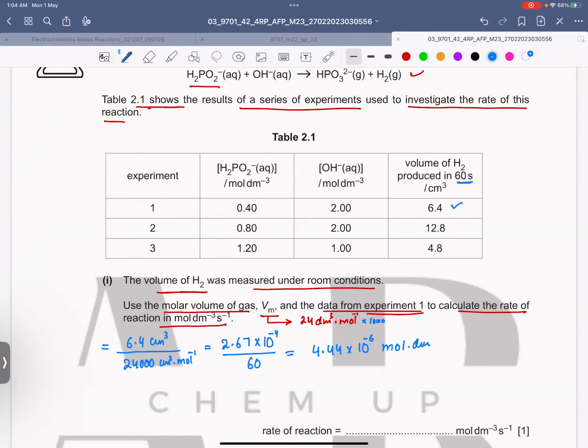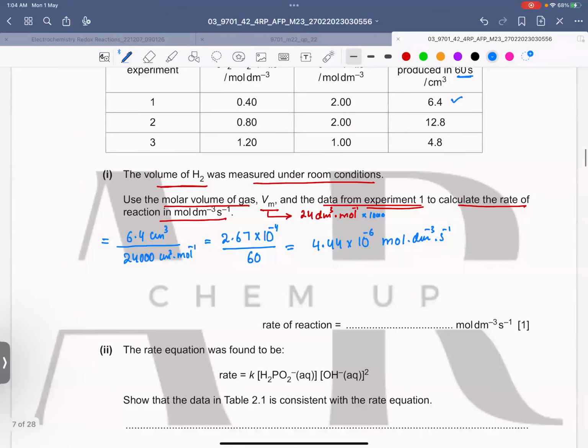That is mole per dm cube per second. So our answer over here would be 4.44 exponent minus 6. Is this clear to everyone? Yes, sir.